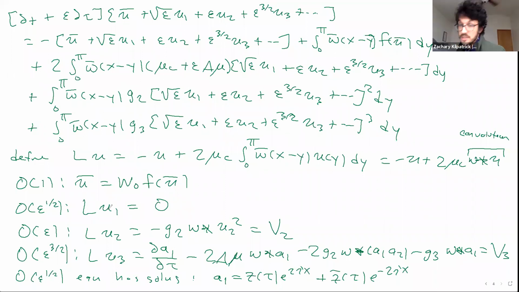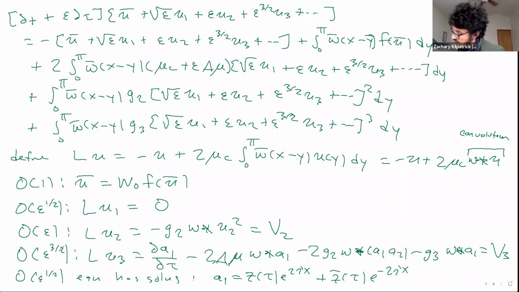But because it doesn't involve any differentiation or any tau dependent terms here, we know that the prefactors can depend on tau. Okay. So this should be very reminiscent of things that we've done before in method of multiple scales. We're going to get a similar homogeneous solution at order epsilon, excuse me.